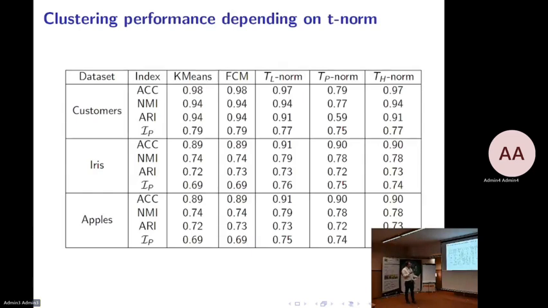As we can see, for the mall customers dataset, which has only 2 features and clusters that are easily separable, the standard methods k-means and fuzzy c-means work better than the proposed method.